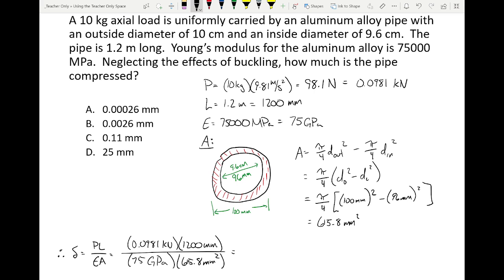What do we get? 2.55 times 10 to the negative 3rd millimeters. Boom.